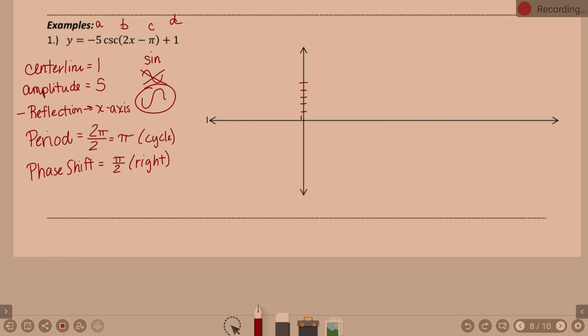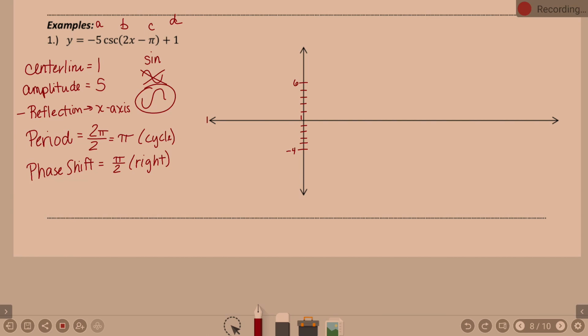Up 5 from 1 puts us at 6. And I'll be honest, if you don't put 5 tick marks, you just put a tick mark labeling 6, it's fine. It's still there. What if we go 5 down? 5 down from 1 is -4.